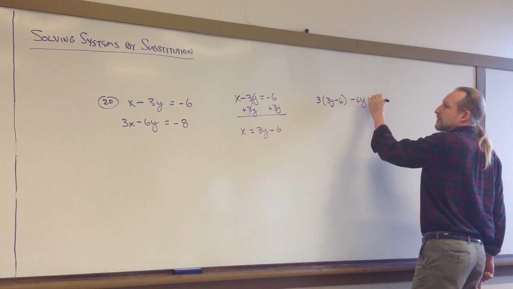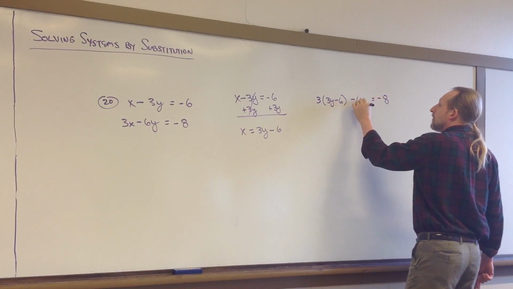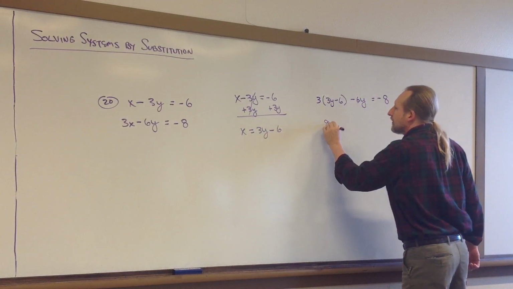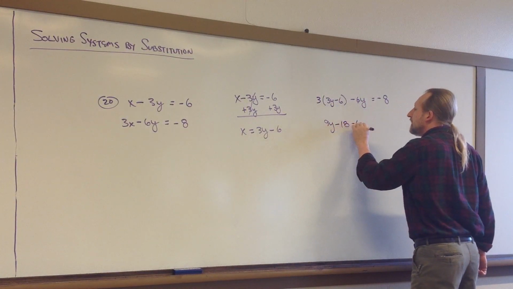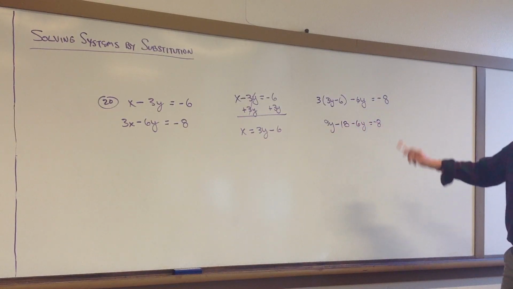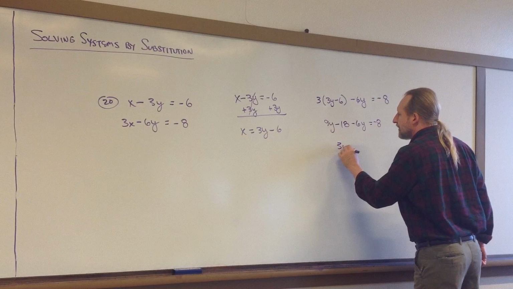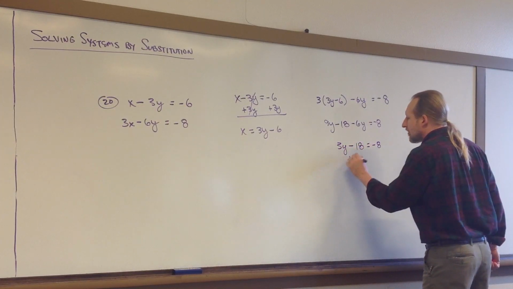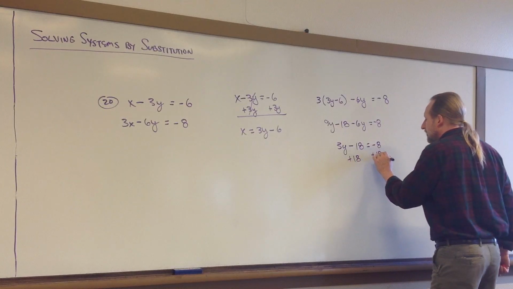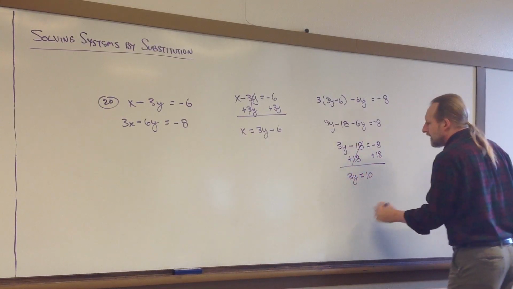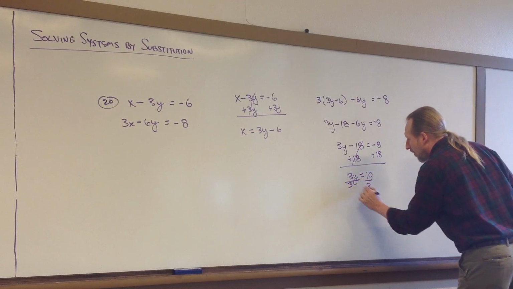And then minus 6y equals negative 8. Distribute the 3 here. 9y minus 18 minus 6y is negative 8. So that'll give us 3y minus 18 is negative 8. Add the 18 to both sides. So 3y is positive 10.